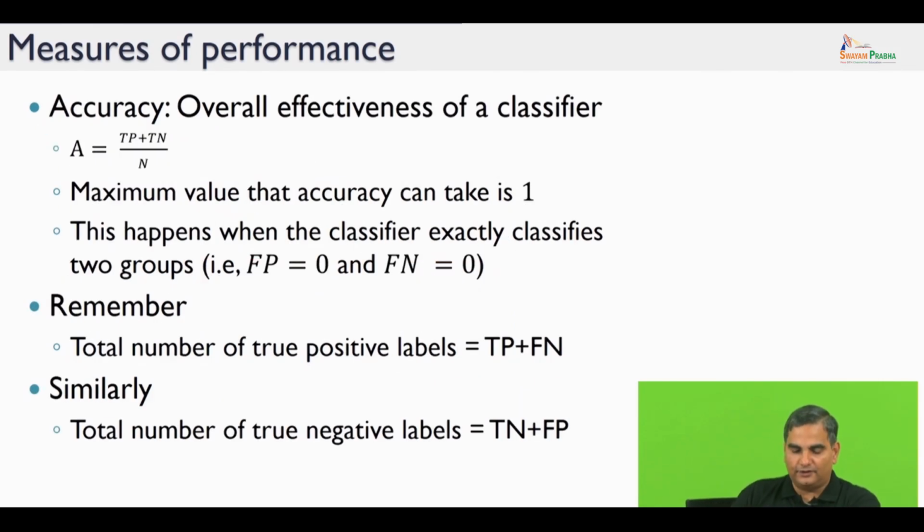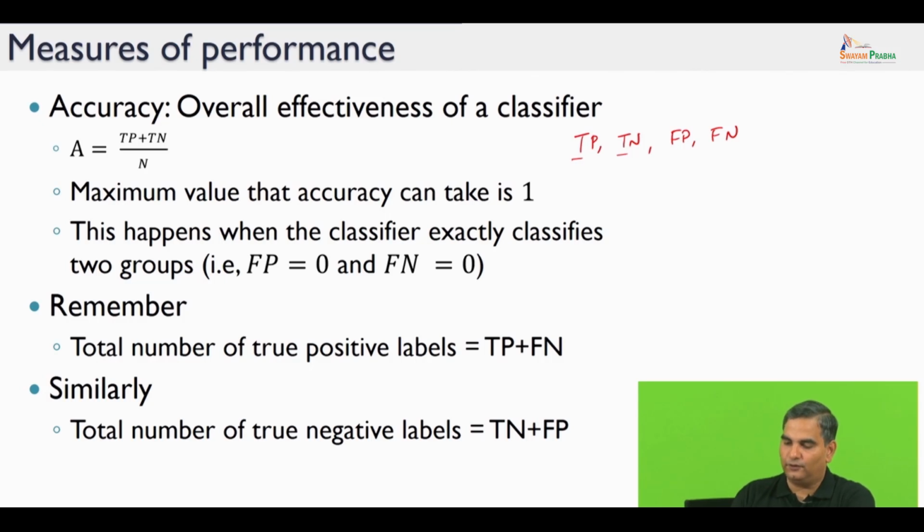So, the first definition is how accurate the classifier is. This accuracy is very simply defined by: in all the samples, how many times did the classifier get the result right. So, we had true positive, true negative, false positive, false negative. I already told you that the first letter tells you the truth or the success of the classifier.